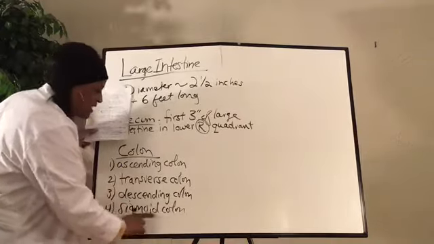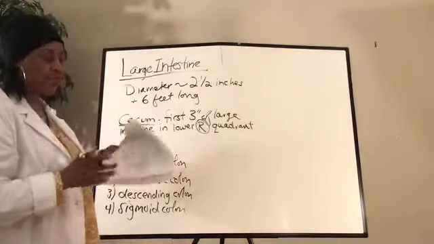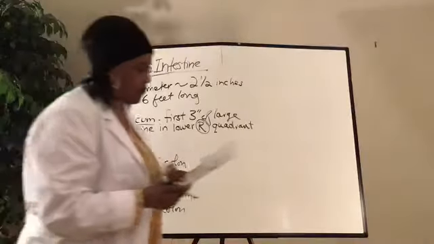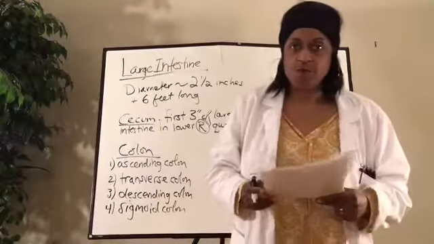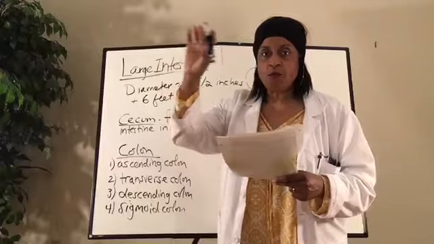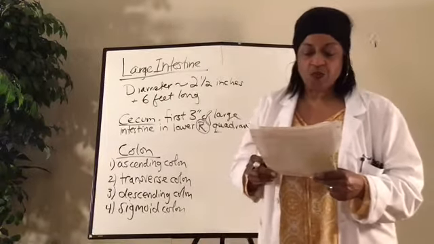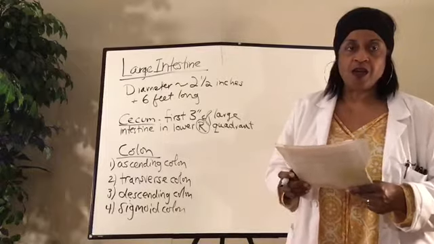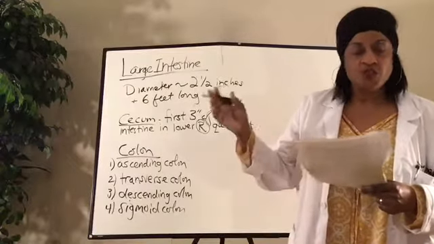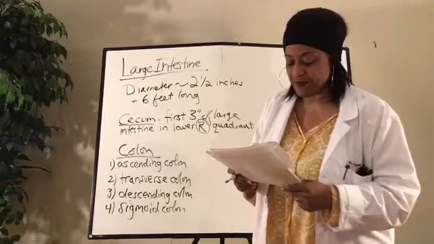And sigmoid means this S shape. It's going to be an S shape. And it goes below the iliac crest now. And you've got a sigmoid or S-shaped part of the colon, and it joins the rectum.